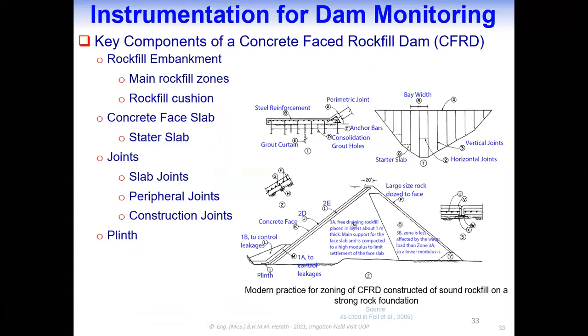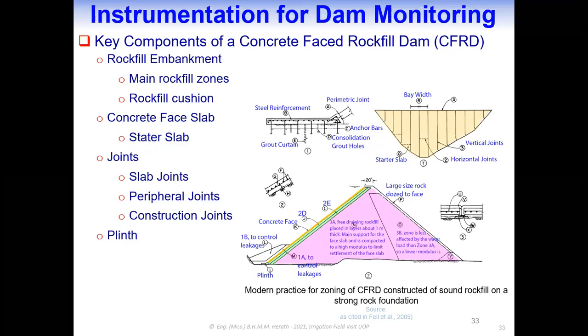However, before moving to the failure modes and loading acting on these CFRDs, it is better to see the main components of these CFRDs. So the main rockfill zone is this zone, and then the cushion layer is there to support the face slab, and this is the face slab.